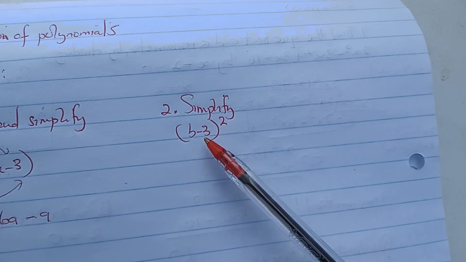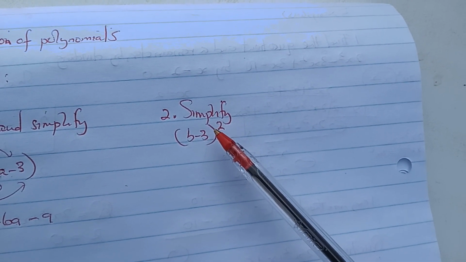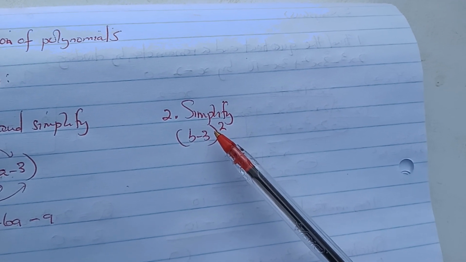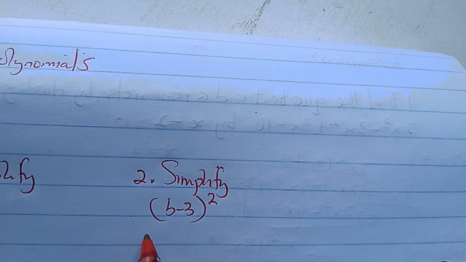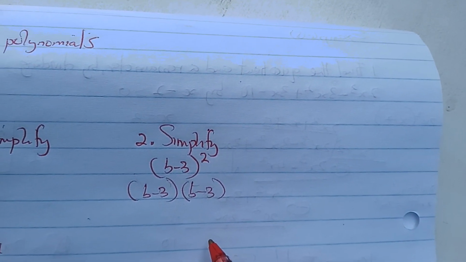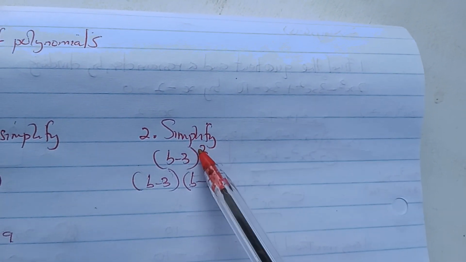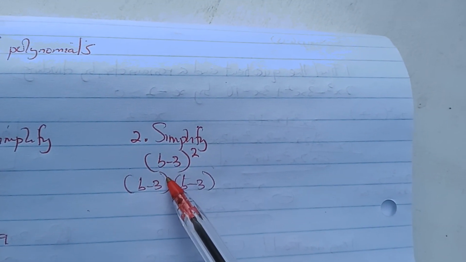Okay, so it means we have two terms inside the bracket. In other words, the power is 2, so we rewrite what is in the bracket 2 times. So b minus 3 in bracket, b minus 3 in bracket. I said the power is 2, and then what is in the bracket is twice.